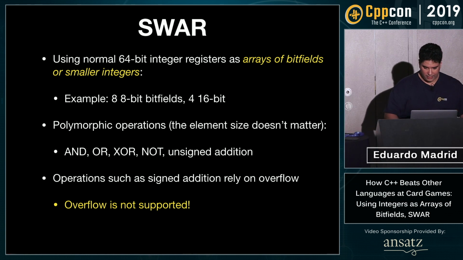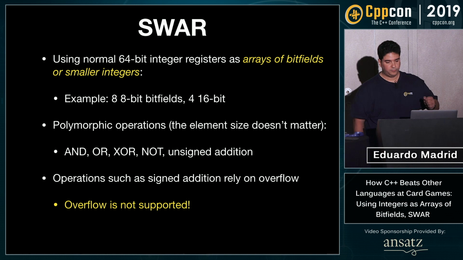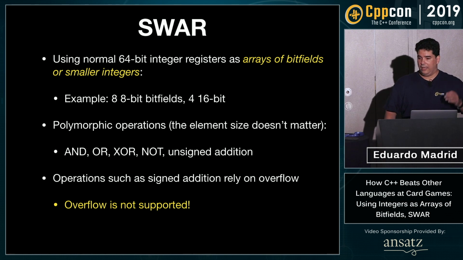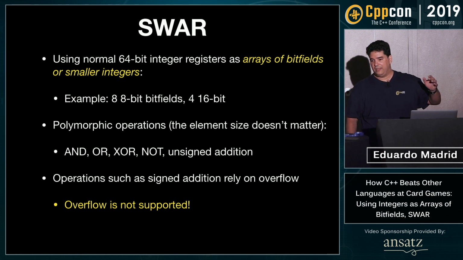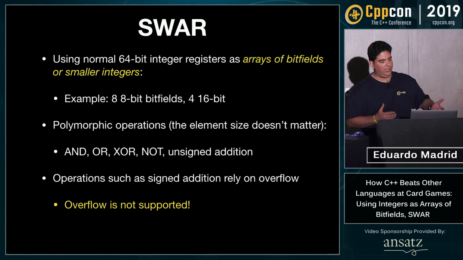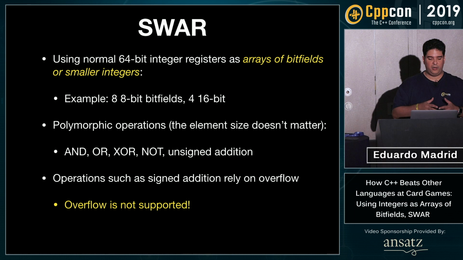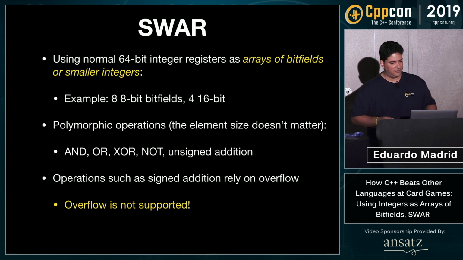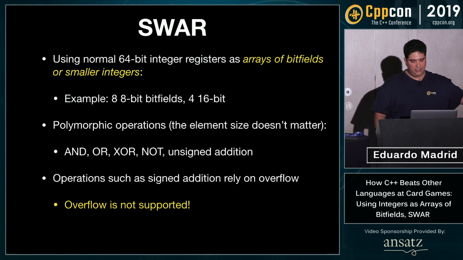All right. So, again, the normal 64-bit integers are going to be treated as arrays of bitfields of smaller integer sizes. Two examples are 8-bit bitfields or 4 16-bit integers.